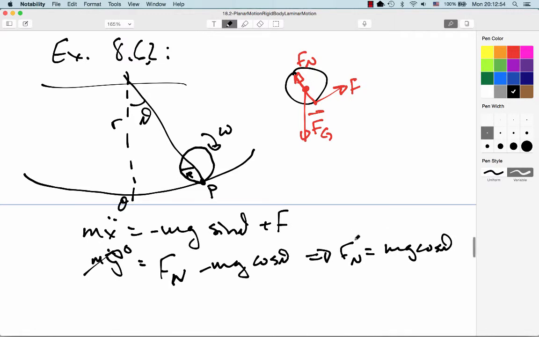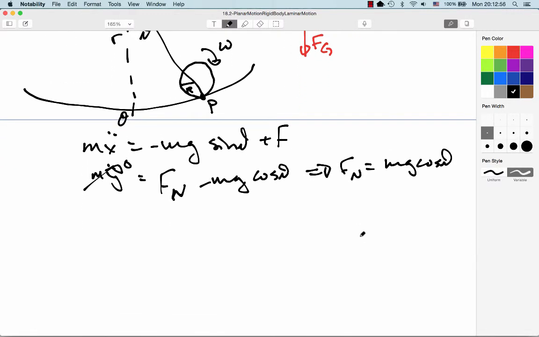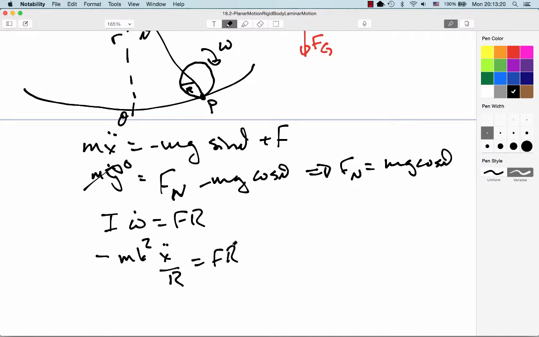So what we've got really here is a continuously varying inclined plane, if you want to think of it that way. All right, so we can write I omega dot is equal to F r. So that will be minus, to get the directions right, m k squared x double dot over r equals F r.